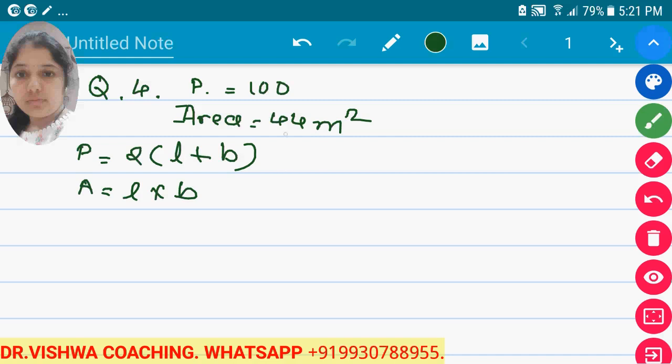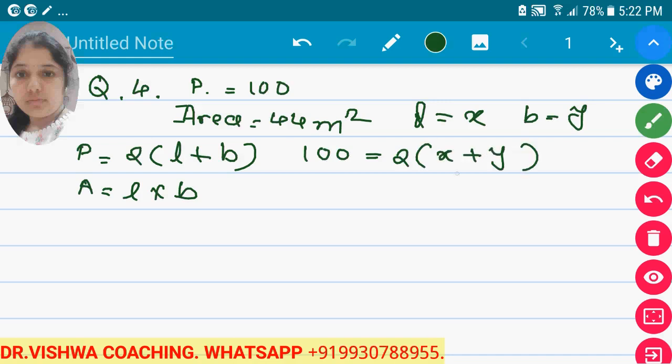Now assume the length as x. Let's say length is equal to x and breadth is equal to y. Now put the values in the formula. So we know perimeter is 100. So 2 into x plus y is equal to 100.